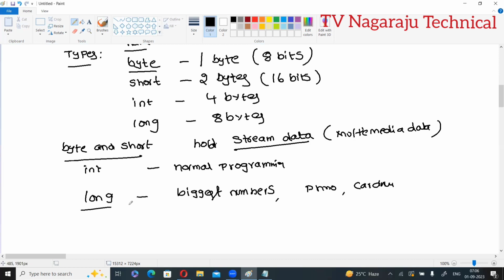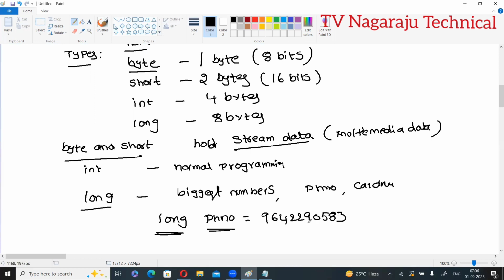Okay, but everyone remember one point. If you declare a variable as a long variable, for example, long phone number is equal to, here long is the data type, phone number is the variable. Suppose my phone number, it does not take.